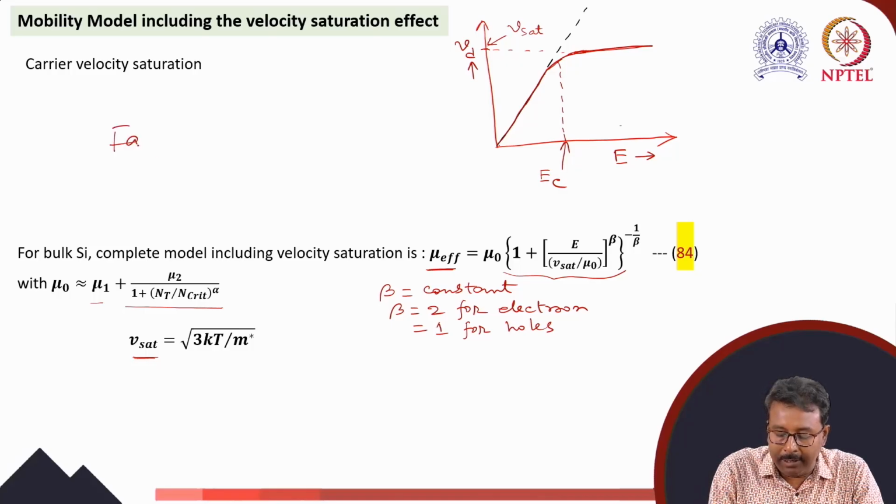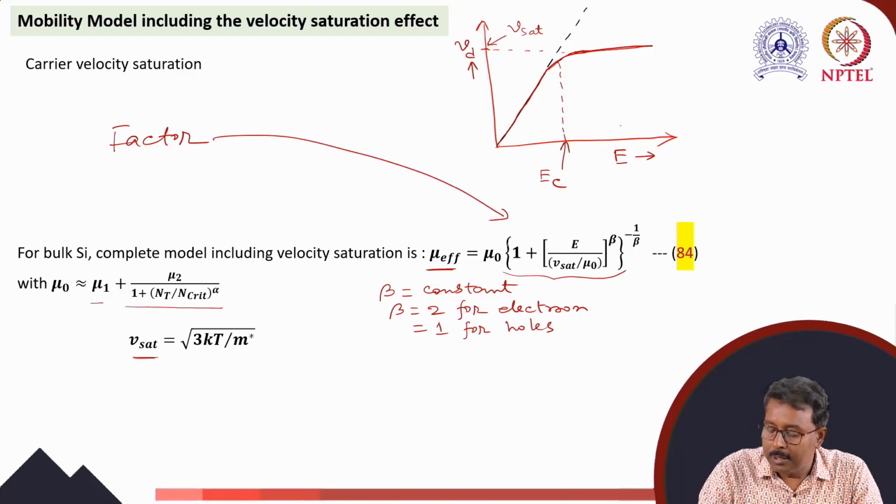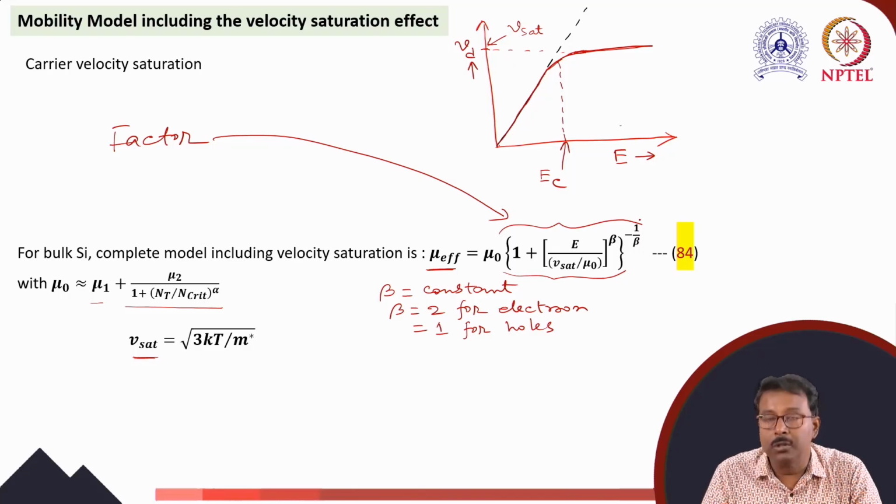So this factor is multiplied with the mu 0 value, the low field mobility. And the beta value and these are chosen in such a way that if E is low, below the critical field EC, mu effective will be almost equal to mu 0.